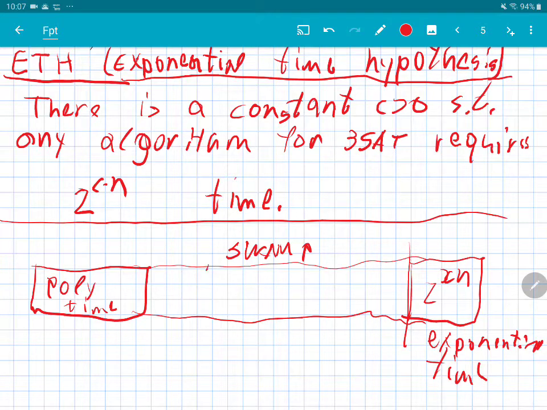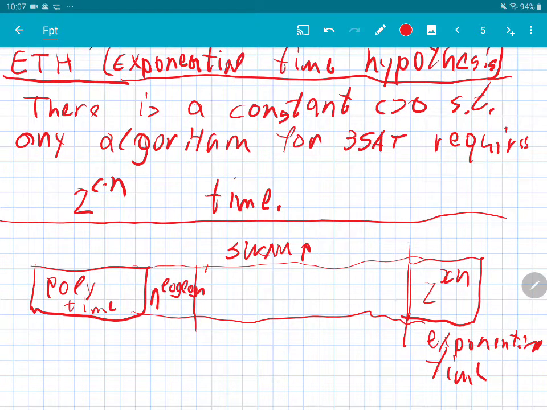And there are a lot of running times in between, right? In fact, I showed you one of those running times in between, like n to the power of log n. I know an algorithm with running time n to the log n. So it's not impossible. What's more common is n to the polylog of n. This is what's called quasi-polynomial time.